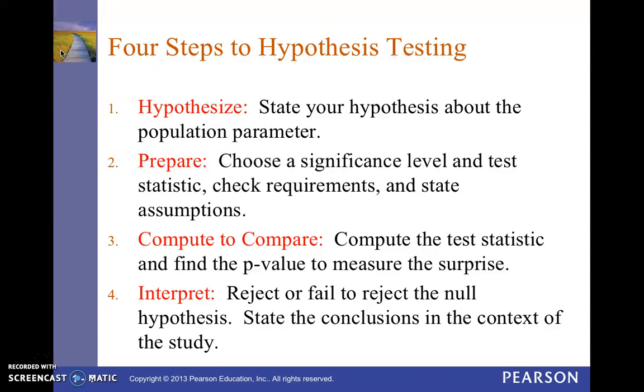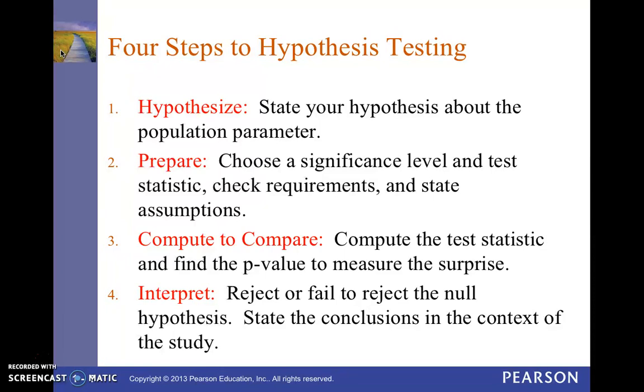But then the idea is to state the conclusions in the context of the study. Remember that you began this endeavor with plain English. You want to end with plain English, and so this is this piece about stating the conclusions in the context of the study.